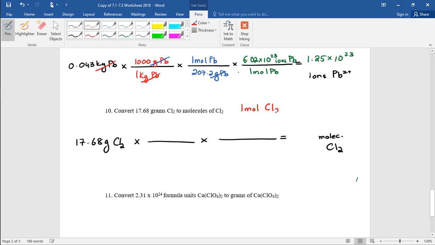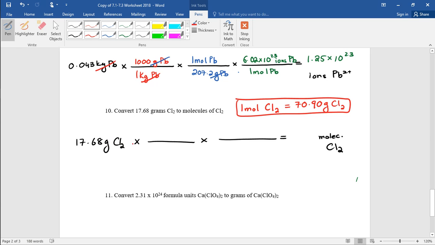1 mole of chlorine, remember diatomic chlorine means you have to take the molar mass of chlorine, which is 35.45, and times it by 2, so that should give you 70.90 grams of Cl2. So that's the first relationship that you're going to use in order to convert to moles.